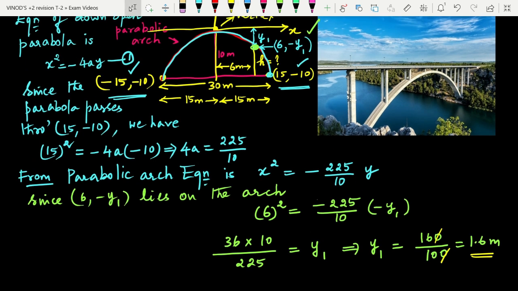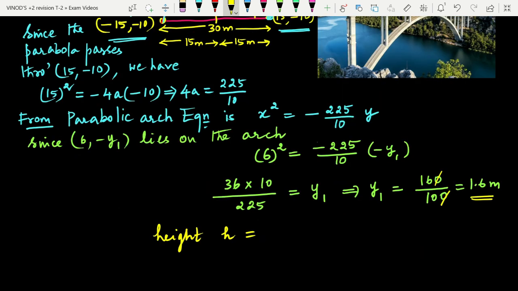Now what you actually have to find is h. The height h is equal to the total distance 10 minus 1.6, which is 8.4 meters.